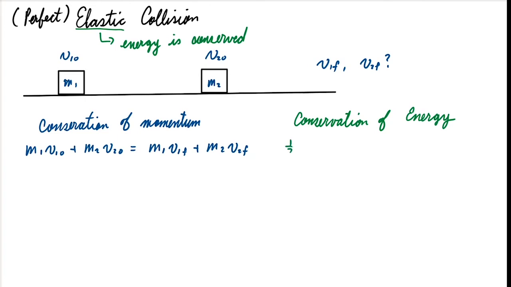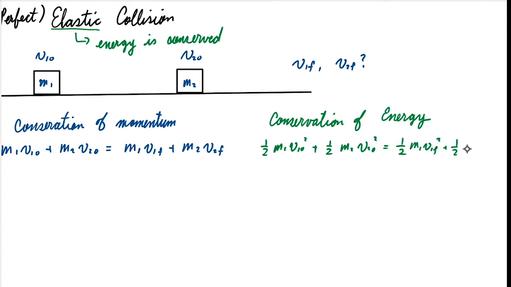That is 1/2 M1 V1 original squared plus 1/2 M2 V2 original squared has to be whatever the energy is transferred to the final state. This must be true. So this gives us a system of equations, except this is a horrible system of equations. How do you solve such a thing?